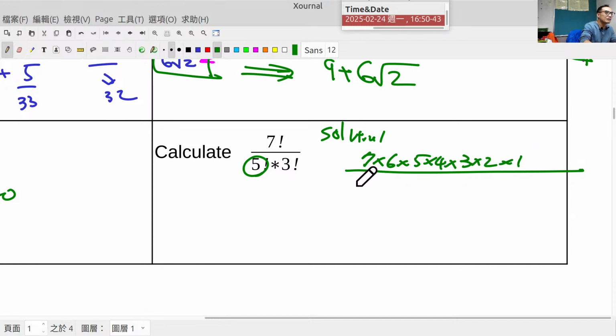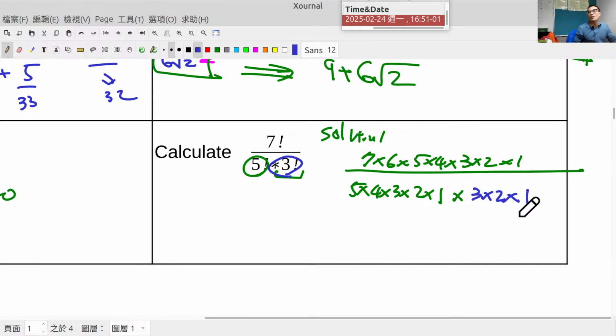The second part, 5 times 4 times 3 times 2 times 1 times 3 factorial. I switch it to the blue color. 3 times 2 times 1. Okay, I think you got the direction. 5, 4, 3, 2, 1, and 5, 4, 3, 2, 1. You can cancel it.